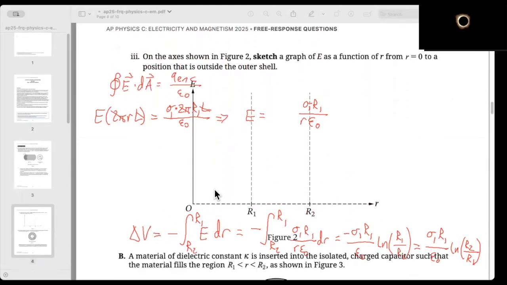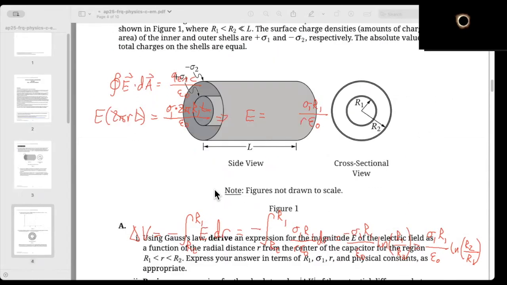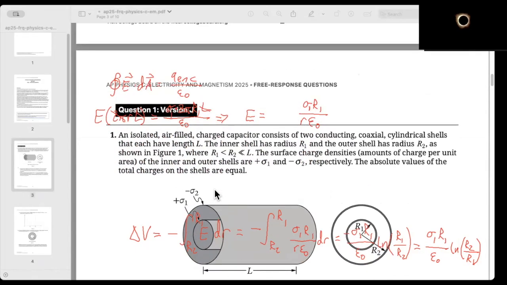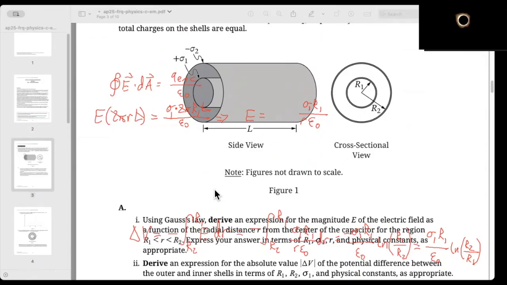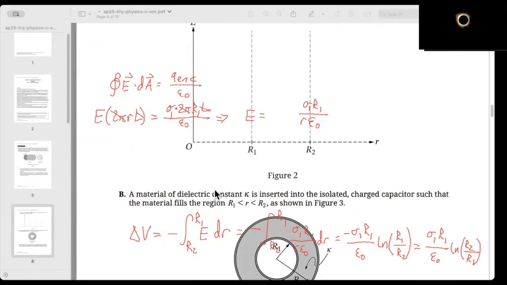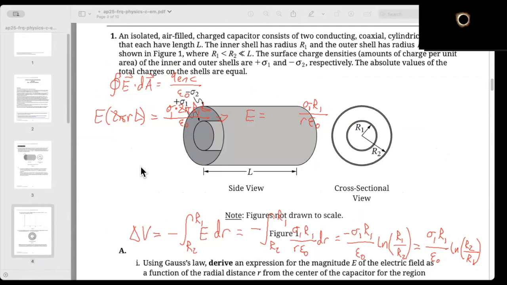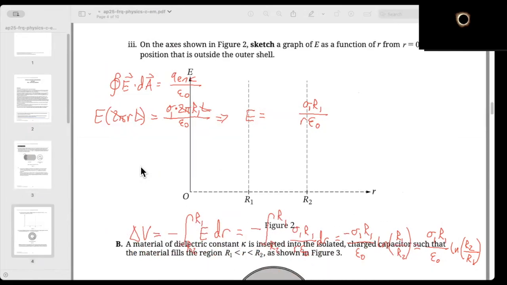Sketch a graph of the electric field. And let's see, R2 is the outer shell's radius and R1 is the inner shell's radius. So, okay. And the two magnitudes of charges are equal. So that's actually a very easy electric field graph. It's 0 until you get to R1 because conductor.